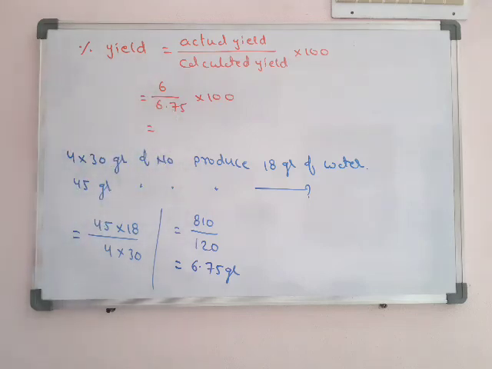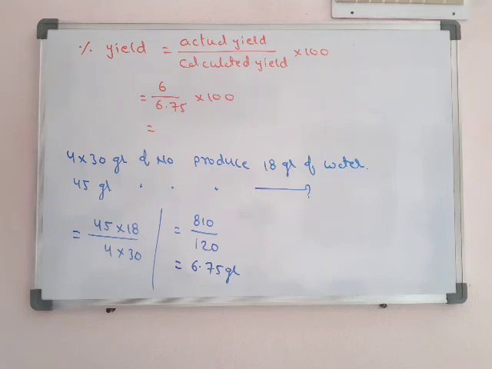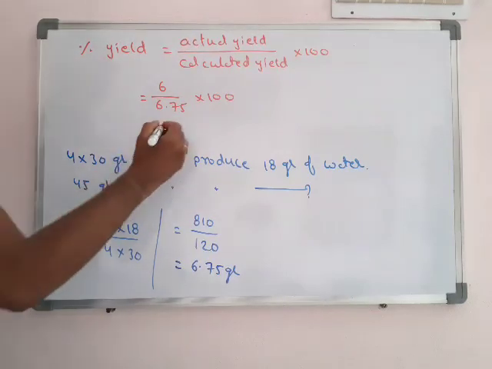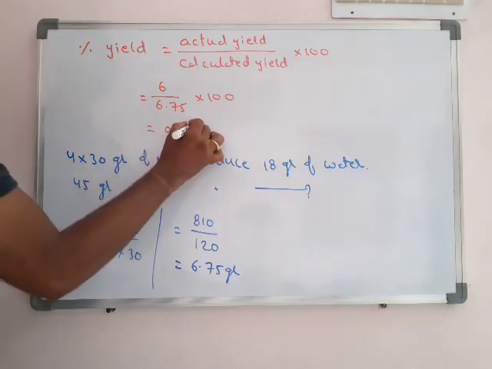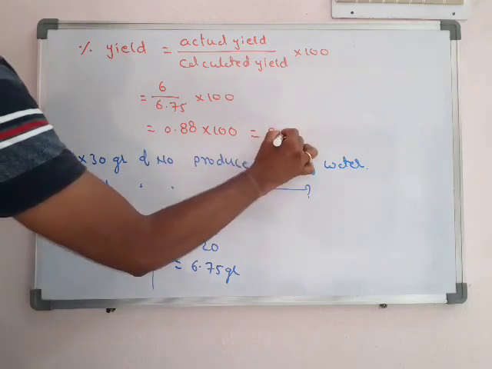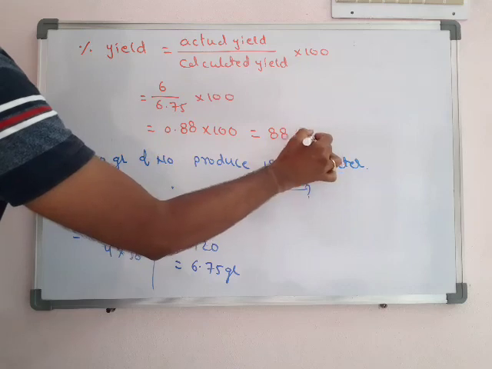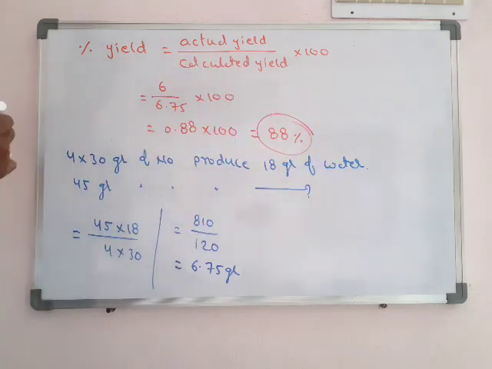Okay, here the calculations are also very important. 6 over 6.75, so the percentage yield is 88%.